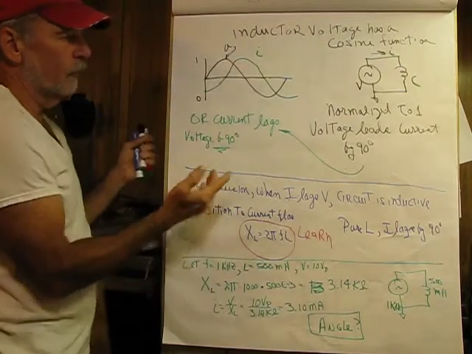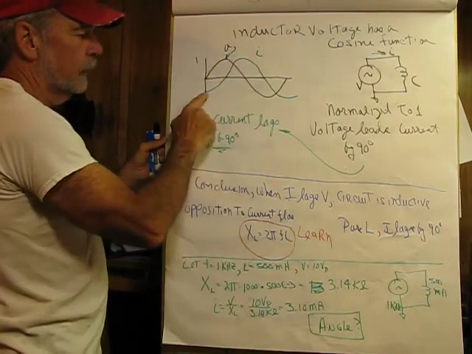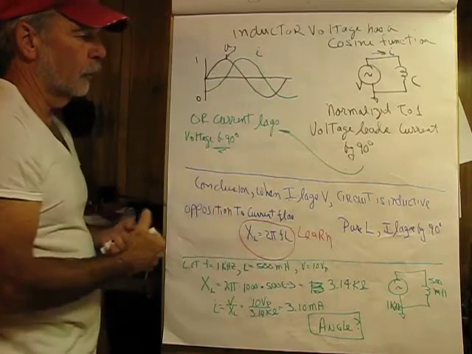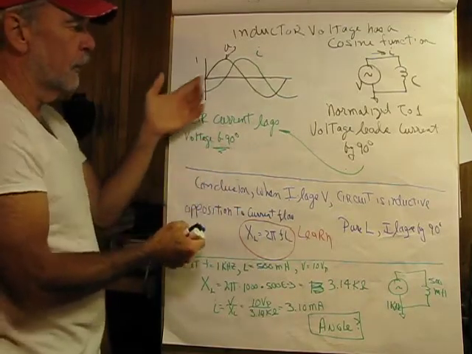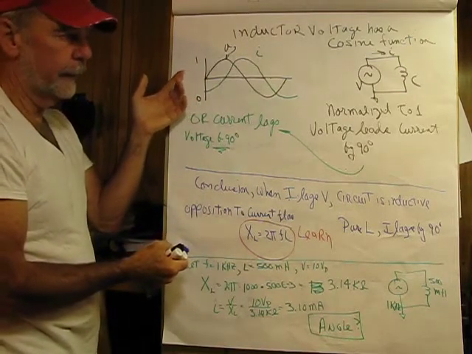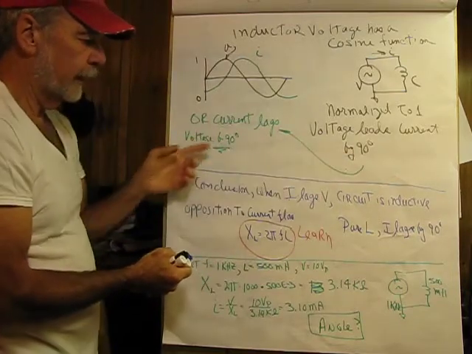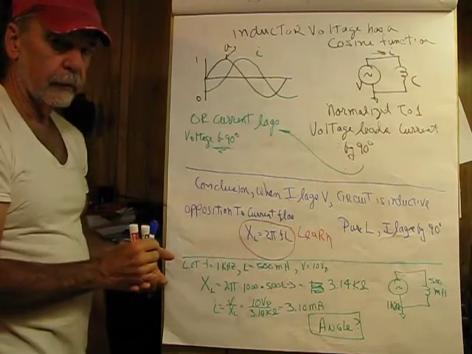So what we would have if we wanted to plot this circuit is we would have V, and the current would lag by 90 degrees. So what we would really say about this, the way I've defined it before, is that the voltage leads the current by 90 degrees. And we could also say that in the opposite way, as the current lags the voltage by 90 degrees.